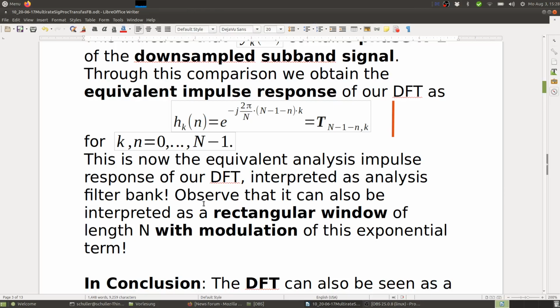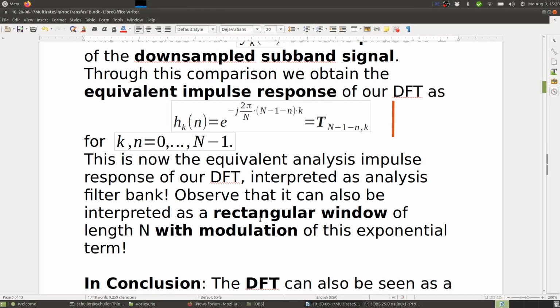So observe that it can also be interpreted as a rectangular window of length N with modulation of this exponential term. We already saw exponential modulation can be done with an exponential function because sine and cosine consist of complex exponentials. And then you would have a constant 1 in front of it, or rather a rectangular window of length capital N multiplied with this modulation function.